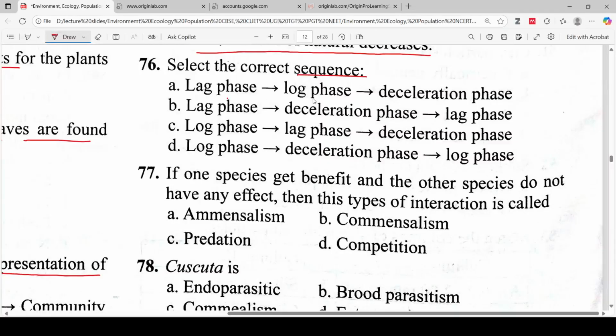Lag phase, log phase, deceleration phase; lag phase, deceleration phase, log phase; and so on. So the correct answer is option A, lag, log and deceleration phase.